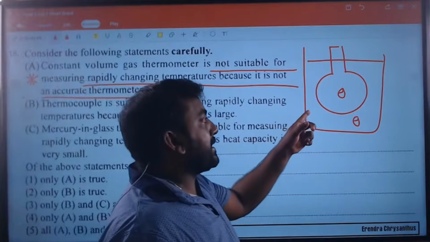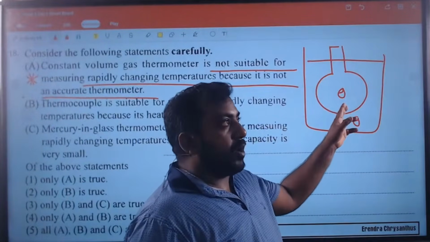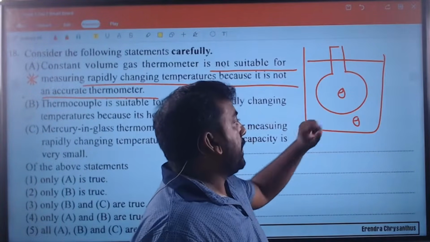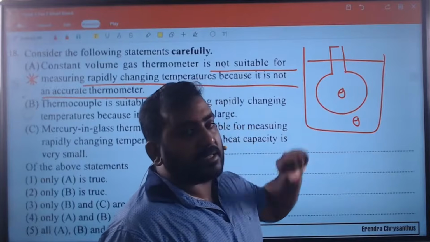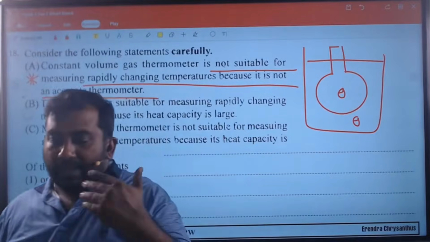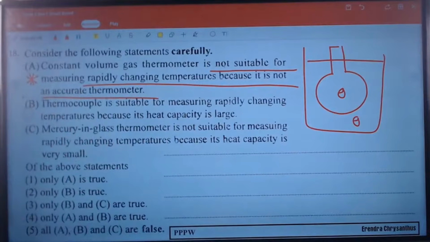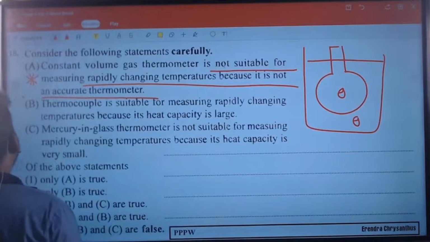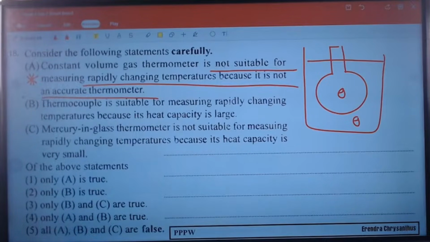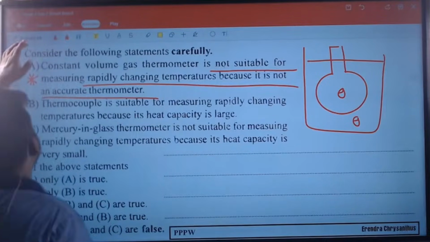Because it will take some time for thermal equilibrium to be reached. Right.